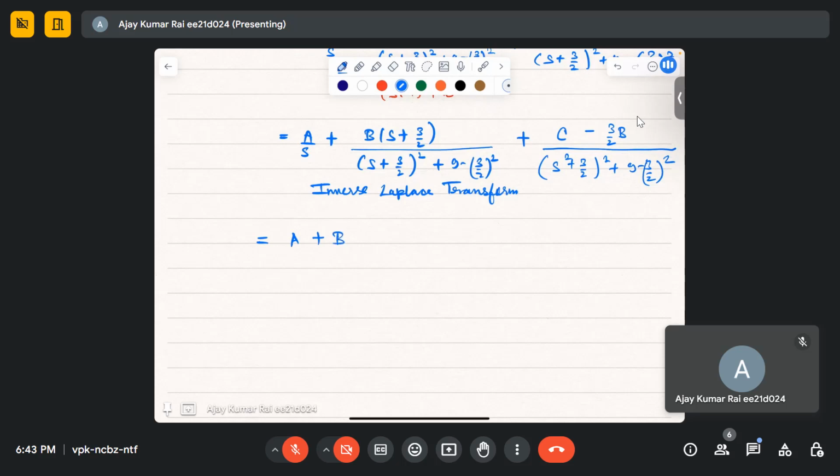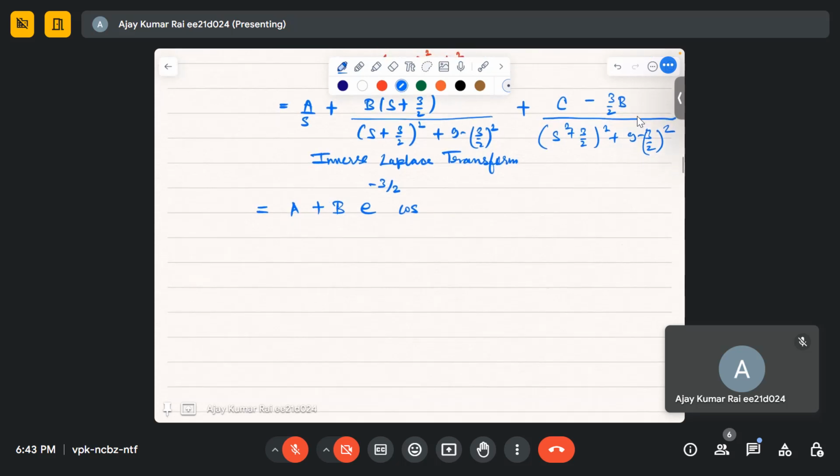What you will get is b e raised to power minus 3/2 t, cos, you see this is cos, and root of 9 minus (3/2) square, you have to take the root into t.